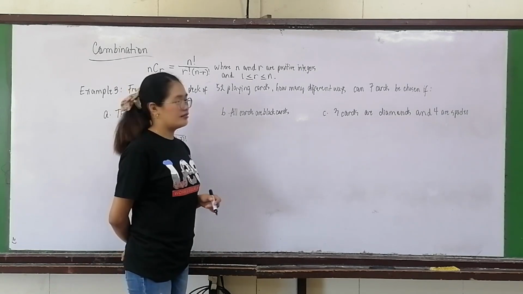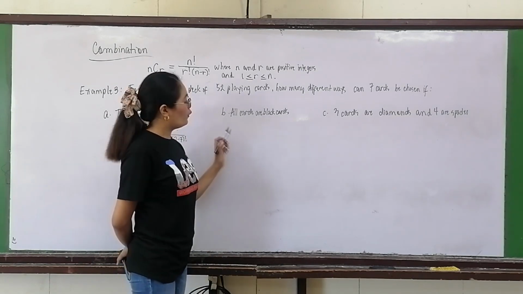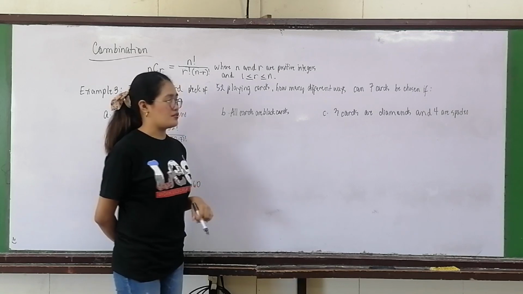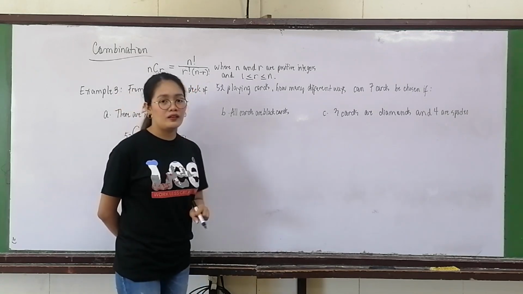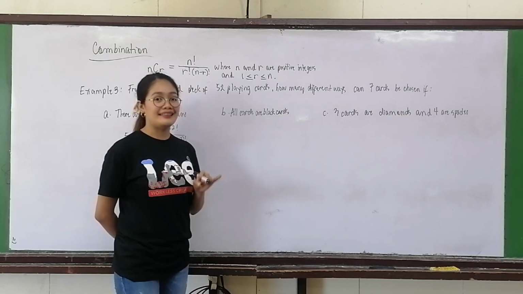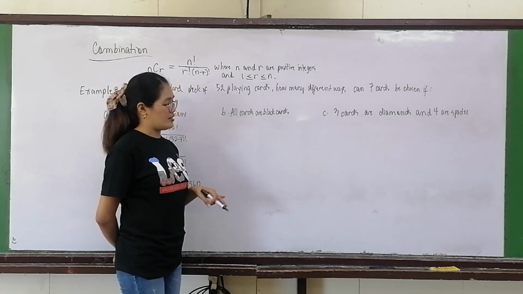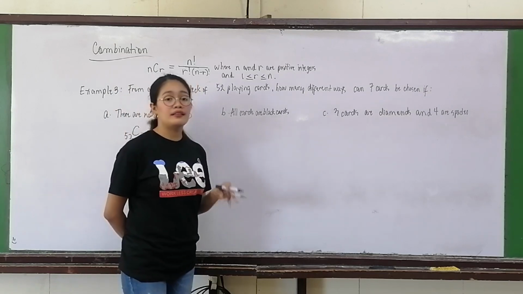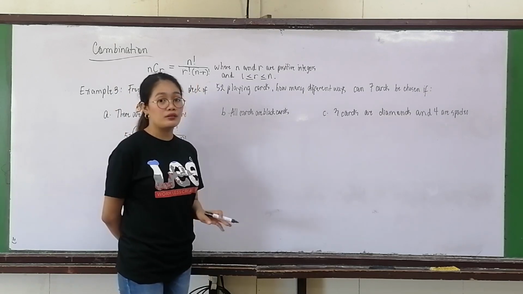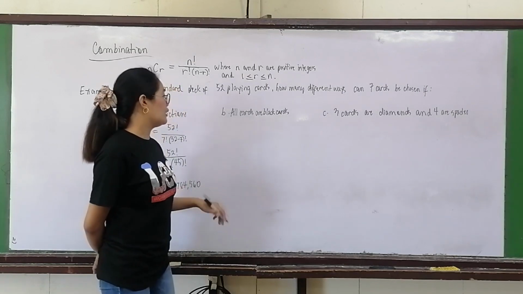Now next, we have all cards are black cards. Remember from what I told you earlier, our black cards are the club cards and spade cards, where we have 13 spade cards and 13 club cards, giving us a total of 26 black cards.